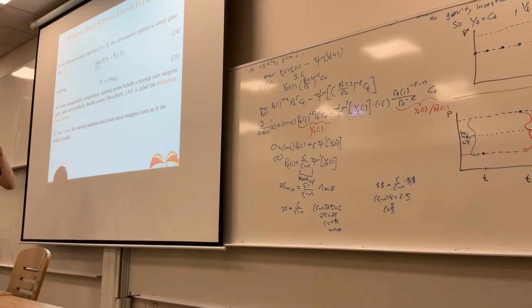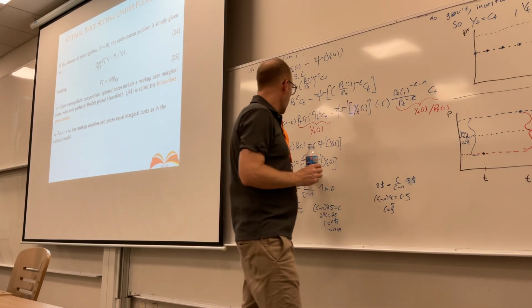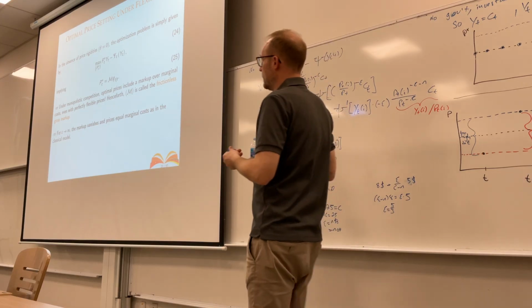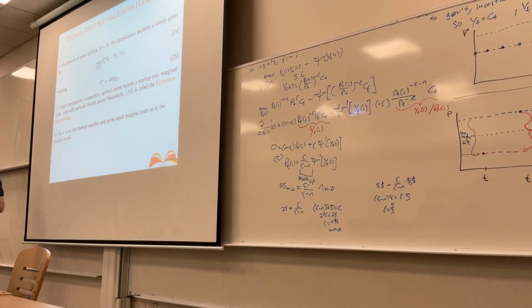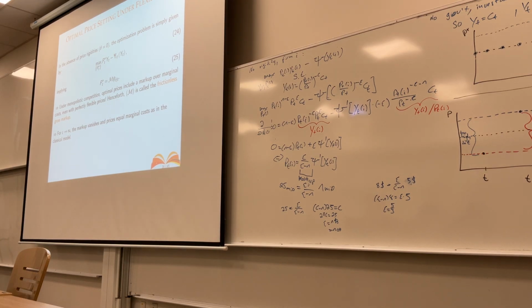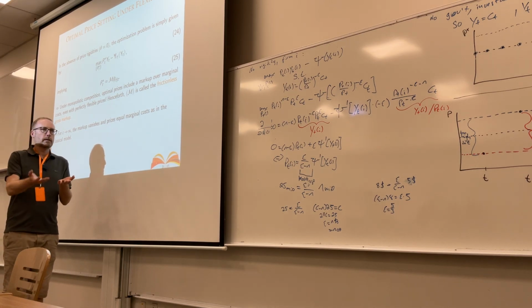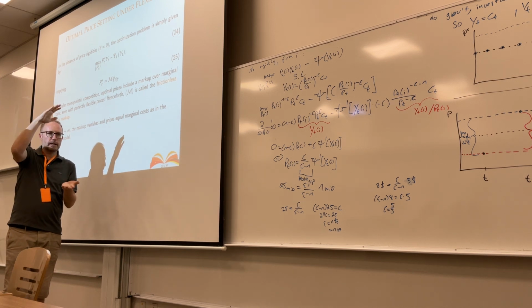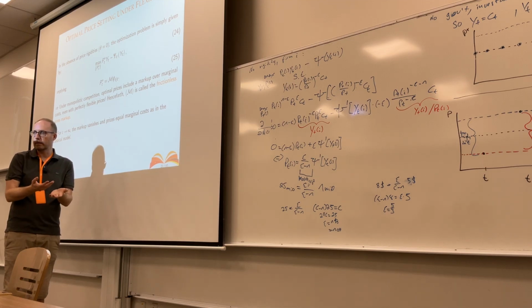Right, and we get this baseline markup, the flexible price markup. We call it in the book the frictionless gross markup, M. And the reason why is that our firms are going to end up having different markups over time. If I choose a price and the price level is higher than expected, but I can't adjust my price, this means that my price is too low relative to what it should be.